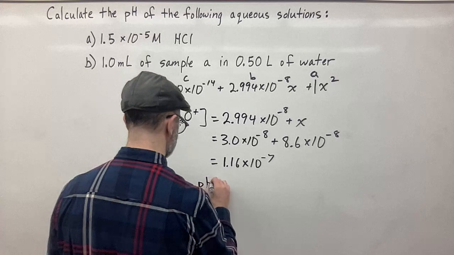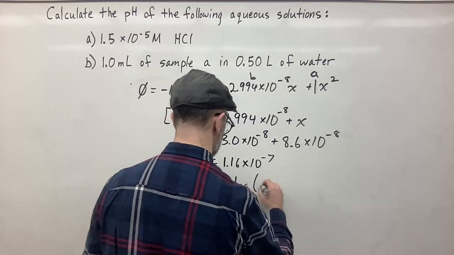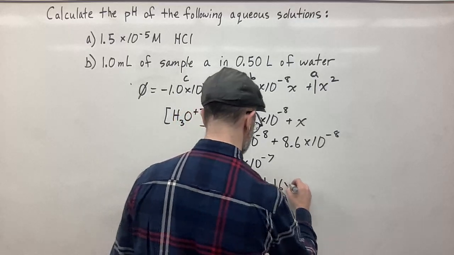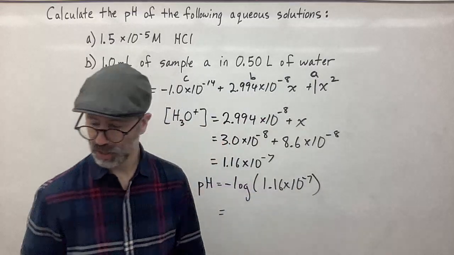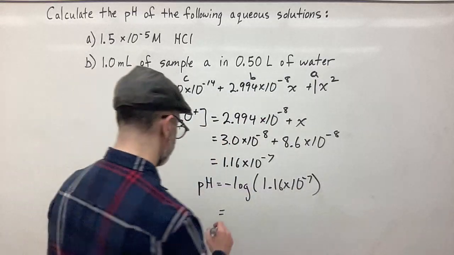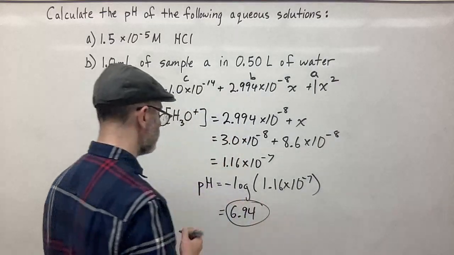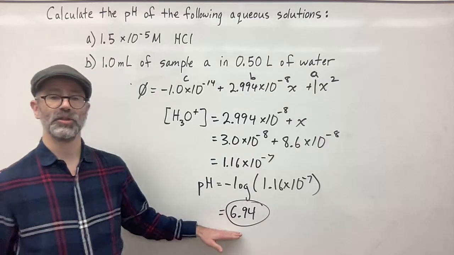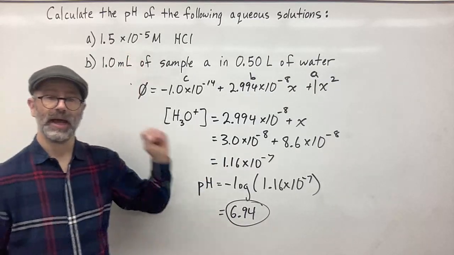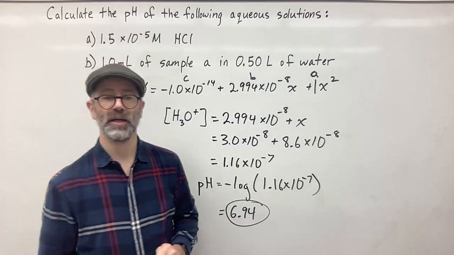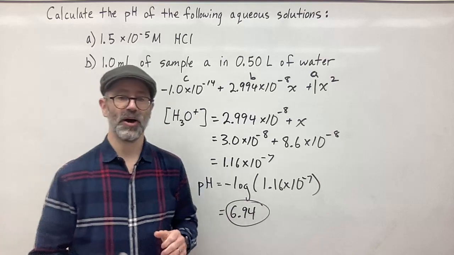So pH is equal to the negative log of 1.16 times 10 to the negative 7. And we get a pH of 6.94. 6.94 is the new pH. So that was the new pH after we took 1 milliliter of solution A and diluted it in 0.5 liters of water.